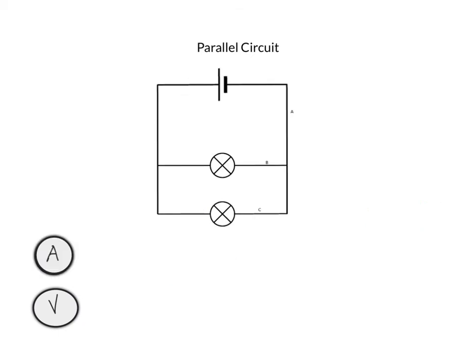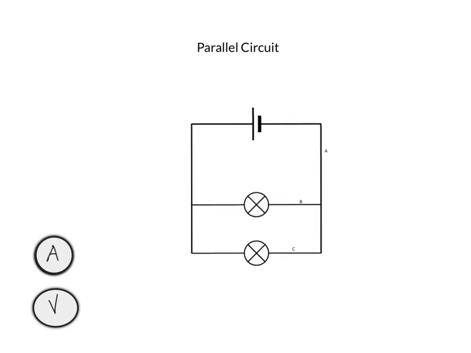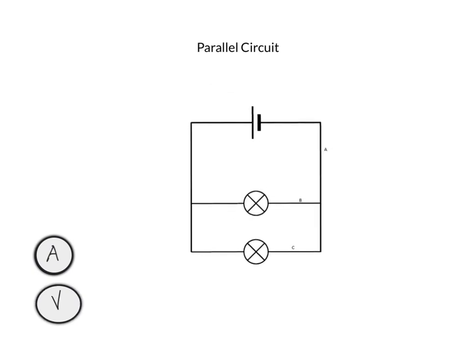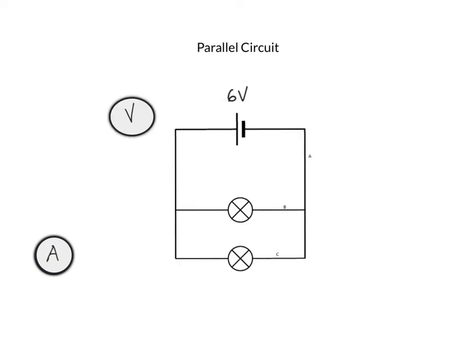Now let's consider voltage or potential difference in a parallel circuit. Let's move that down a bit. So the first thing I'm going to do is measure the voltage across the power supply, which in this case is a cell, but it could also be a battery. And when I attach that voltmeter in parallel across the cell, I find out it is 6 volts. Now the next thing I want to do is measure the potential difference of each of these bulbs.